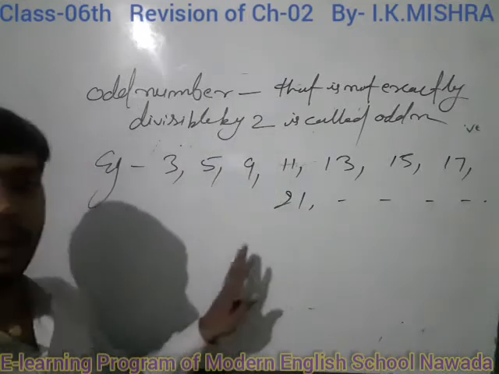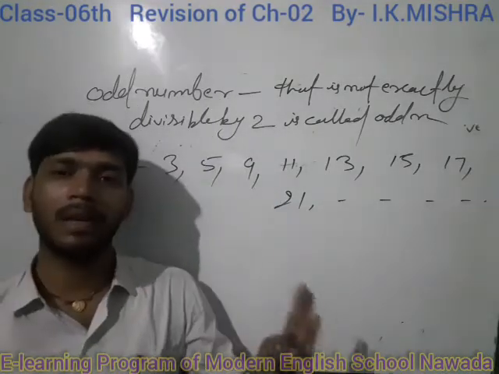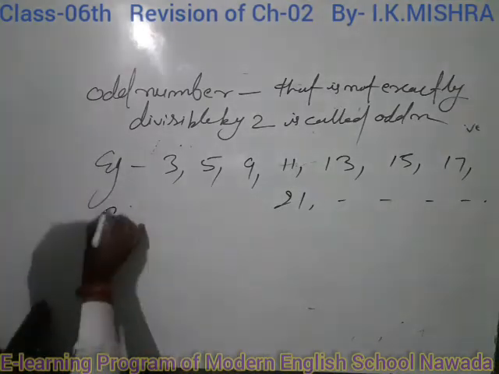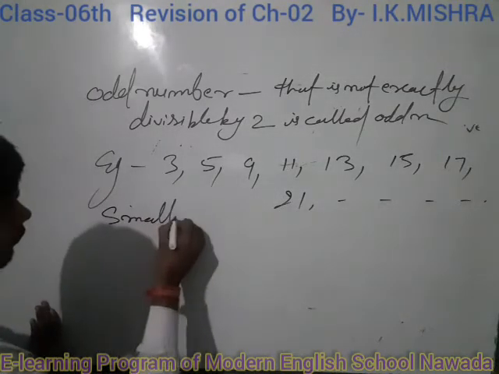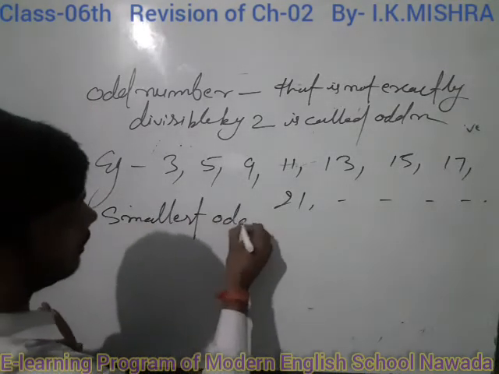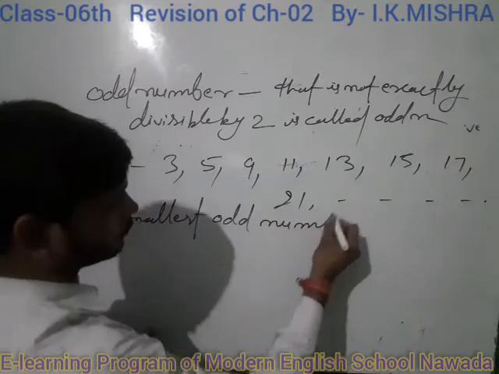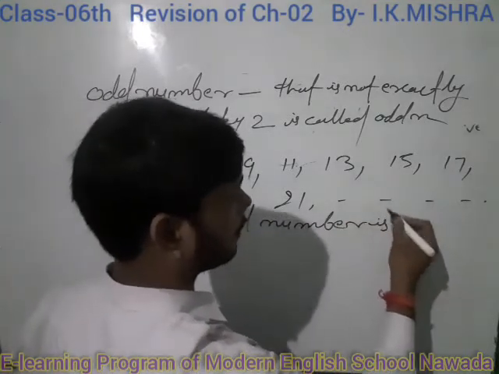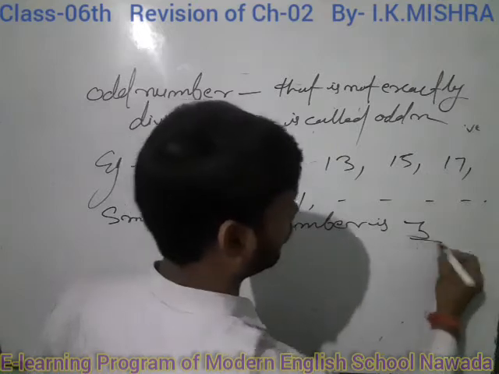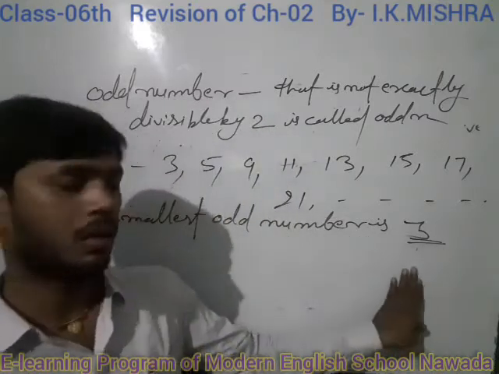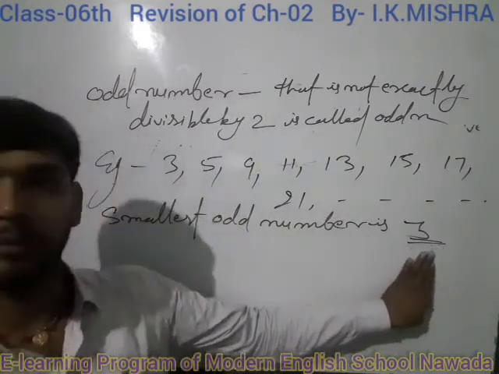So students, observe, the smallest odd number is 3.